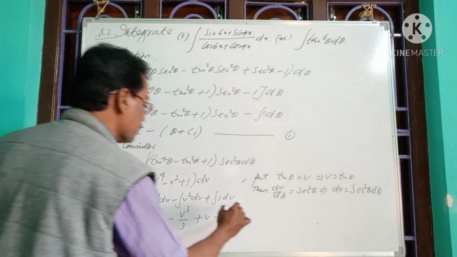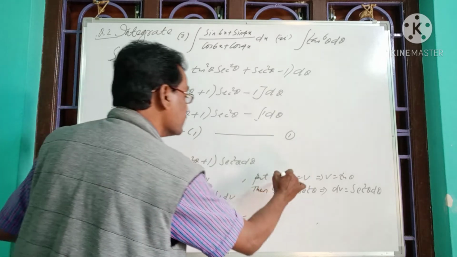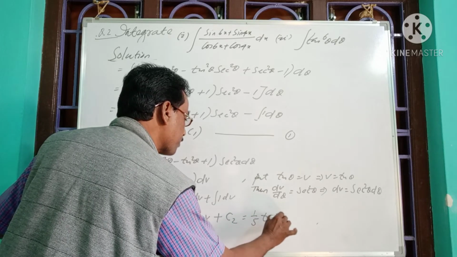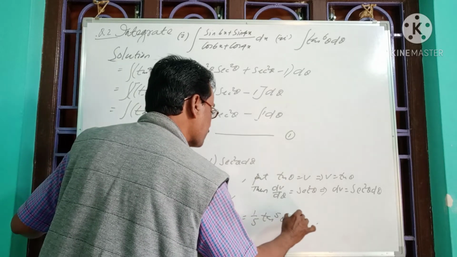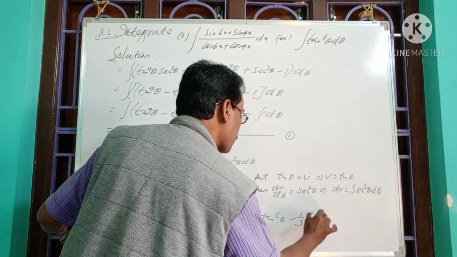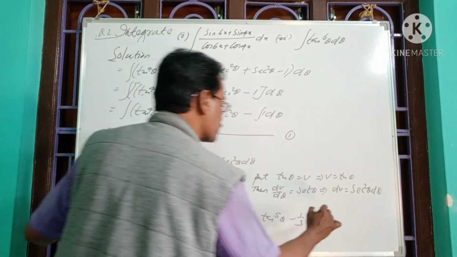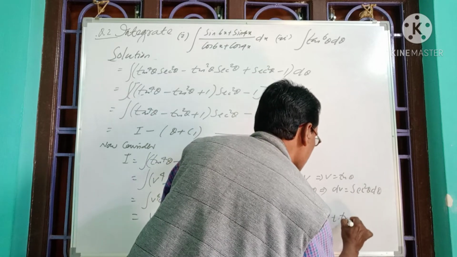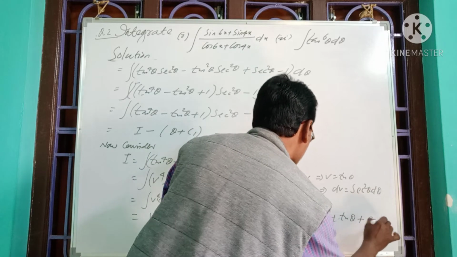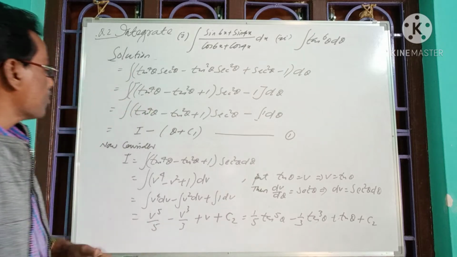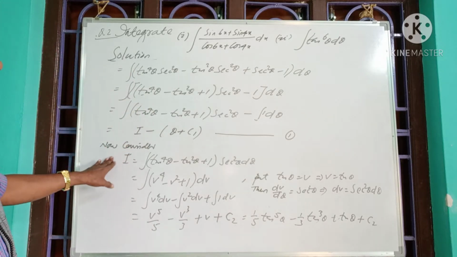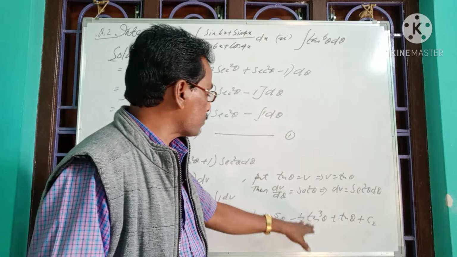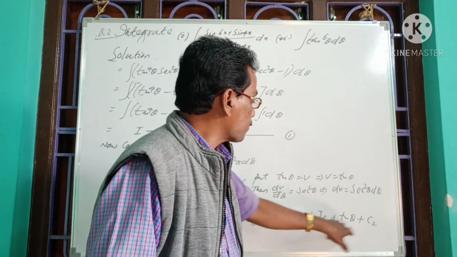So again replacing the value of v, that is tan theta, we have 1 by 5 into tan^5 theta minus 1 by 3 into tan^3 theta plus tan theta plus c2, the constant of integration. So now we became able to integrate I. So we got 1 by 5 tan^5 theta minus 1 by 3 tan^3 theta plus tan theta plus c2.